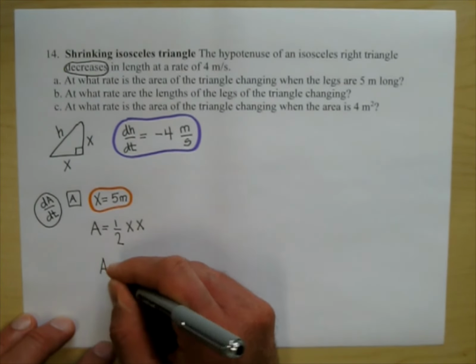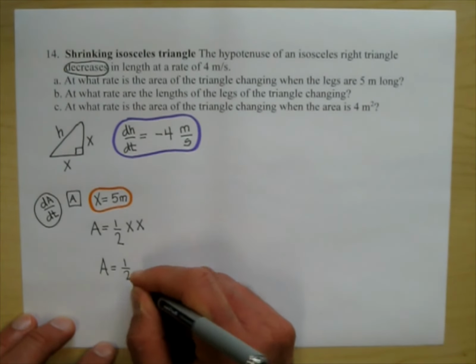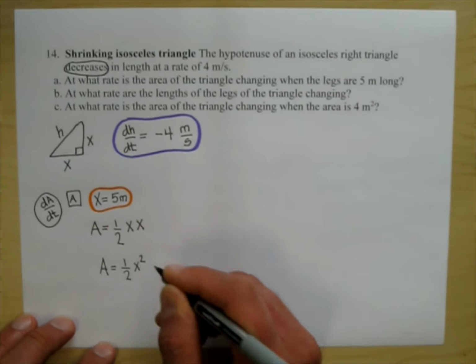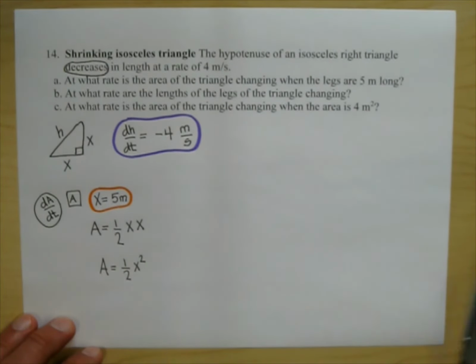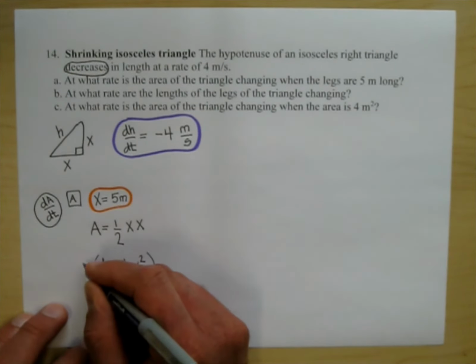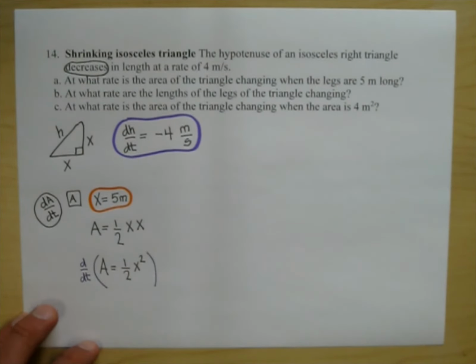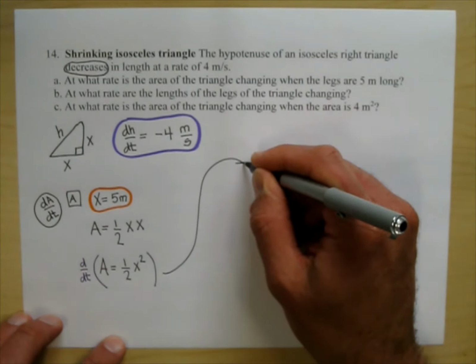So the area equals 1/2 x squared. So why don't we go ahead and zap both sides with the derivative gun with respect to t and see what that gets us. So this is d/dt, and I'll just move the work over here.